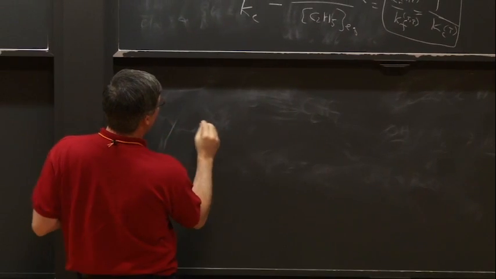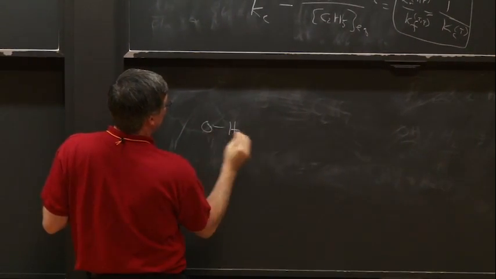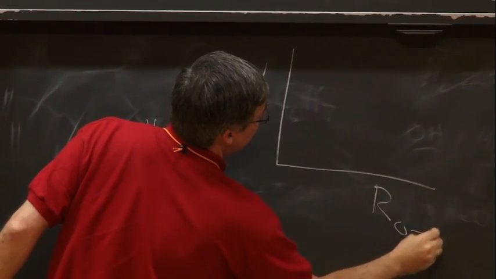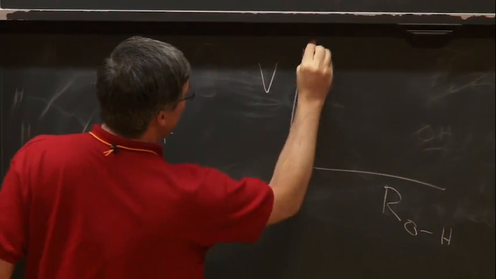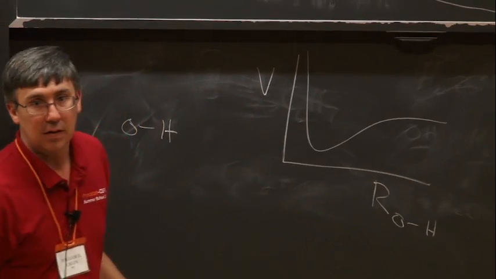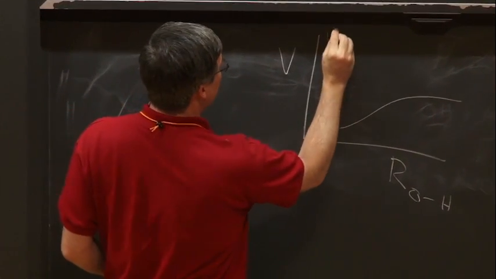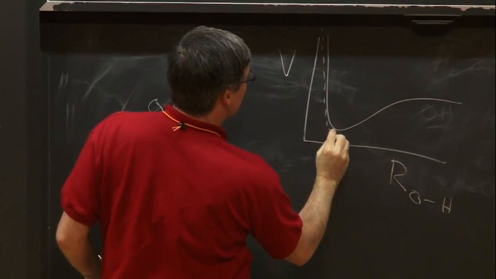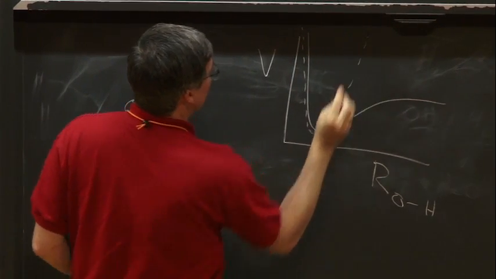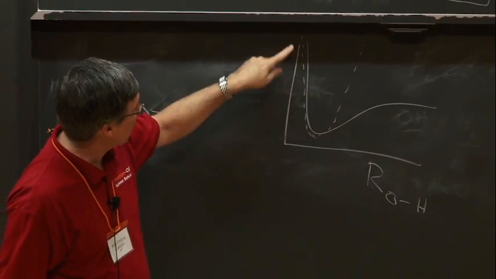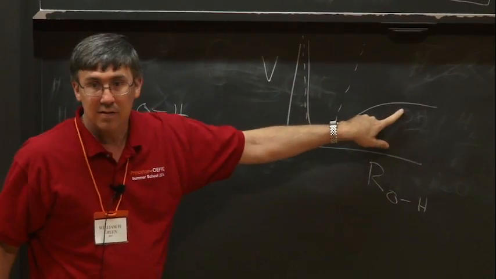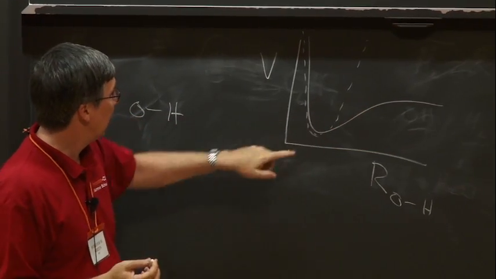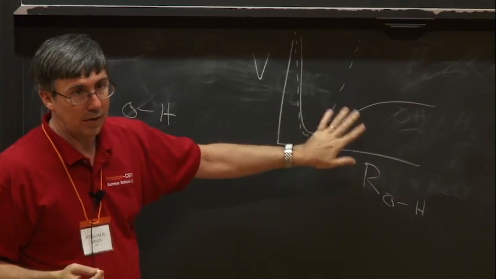So for example, if I have OH, I can write the potential energy as a function of the distance of the O from the H. And the real shape of this is something like this. But if I approximate it with my rigid rotor harmonic oscillator, I might use this. So I'm using this dotted line to approximate the potential when it really is like this. Obviously, it's not right. And so there's a way to correct for this.